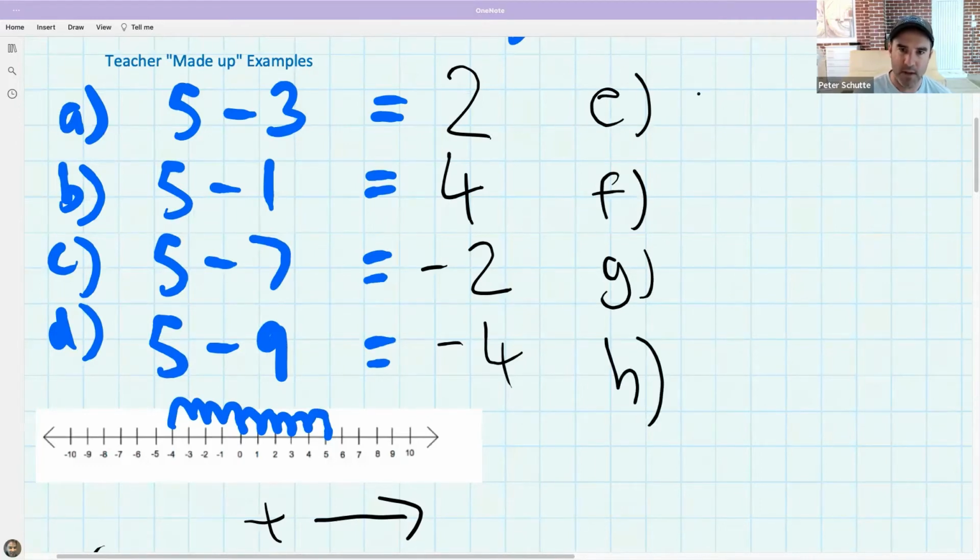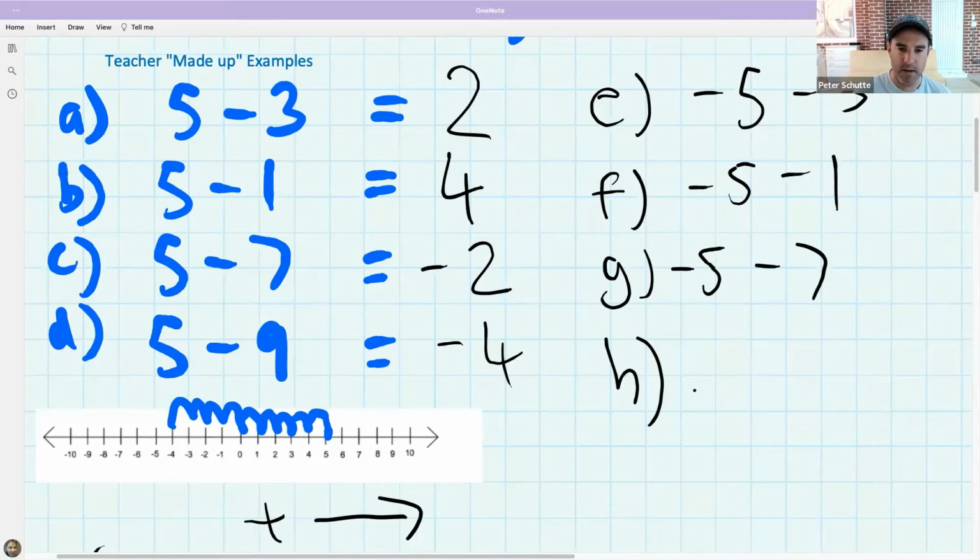And this time, I'm going to start with minus 5 minus 3, minus 5 minus 1, minus 5 minus 7, minus 5 minus 9. And you'll notice that I've changed something. Instead of starting with a 5, I'm starting with a negative number and I'm subtracting. And I want to see, can you get the answers to that?